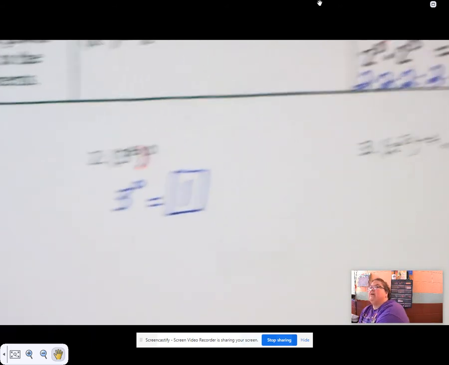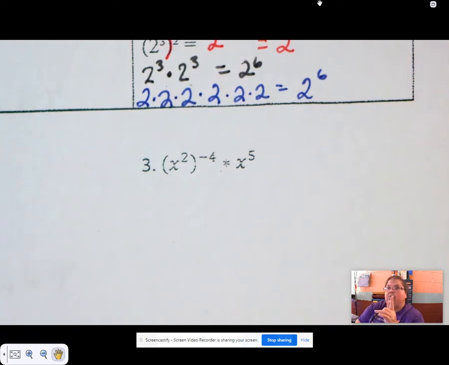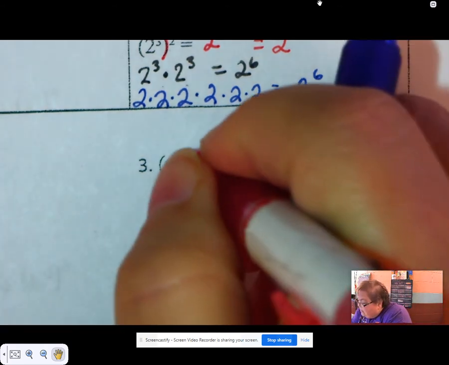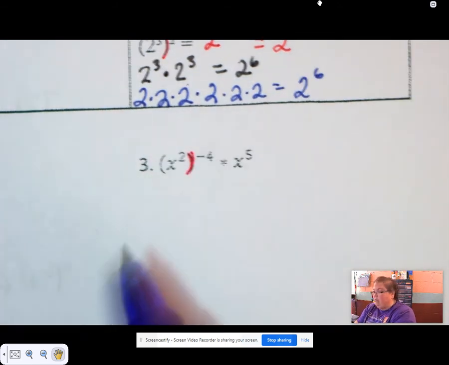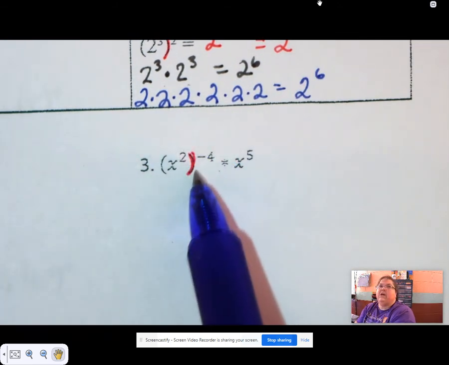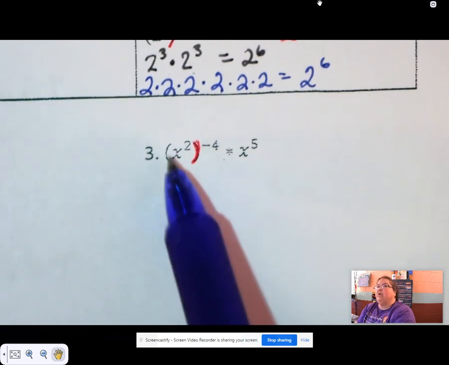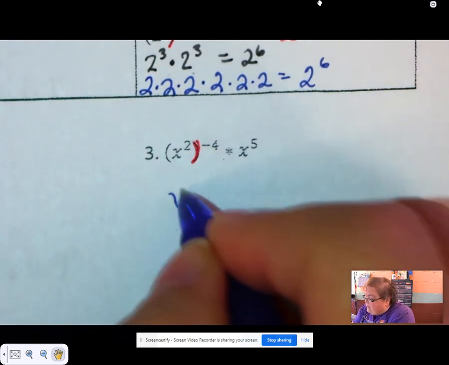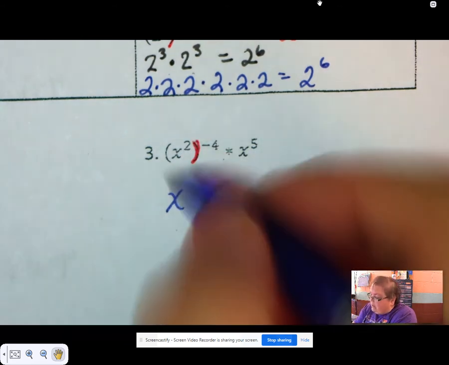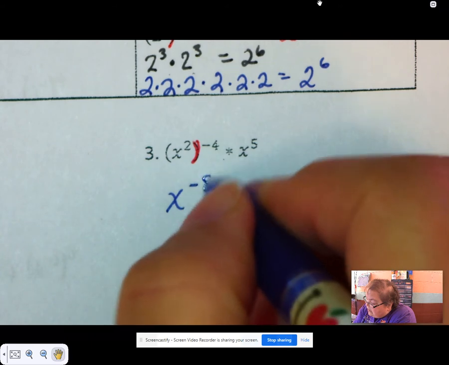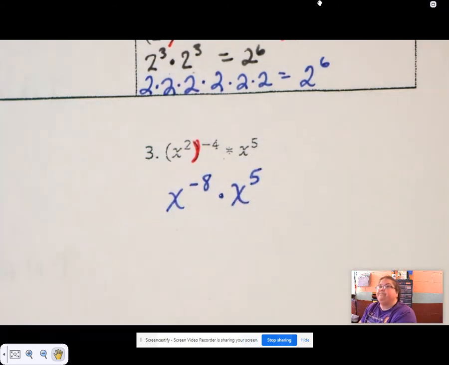All right. Example 3. I only have one set of parentheses here. I want to remind you, we do not deal with negative exponents until it's completely simplified. So here we go. X to the 2 times negative 4. What do we get? Negative 8 times x to the 5th power.